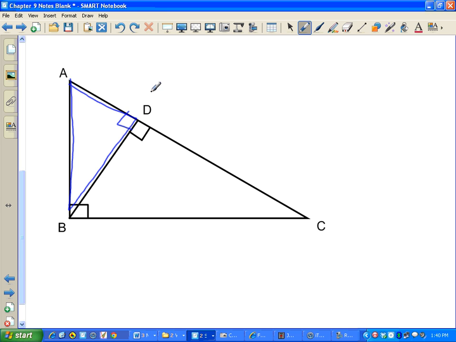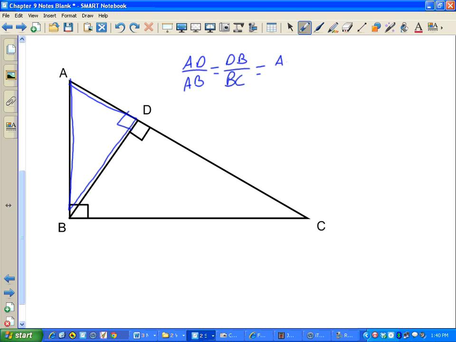So things that I could write from that: AD would be the short side of the small triangle, and AB is the short side of the big triangle. So those things would be related, and I could put those in a proportion together. DB would be the long leg. BC would be the long leg.